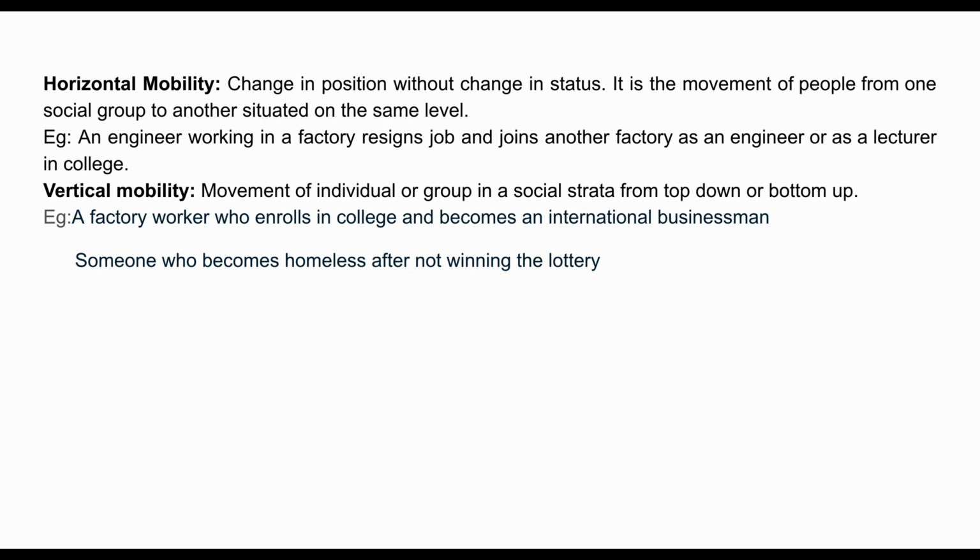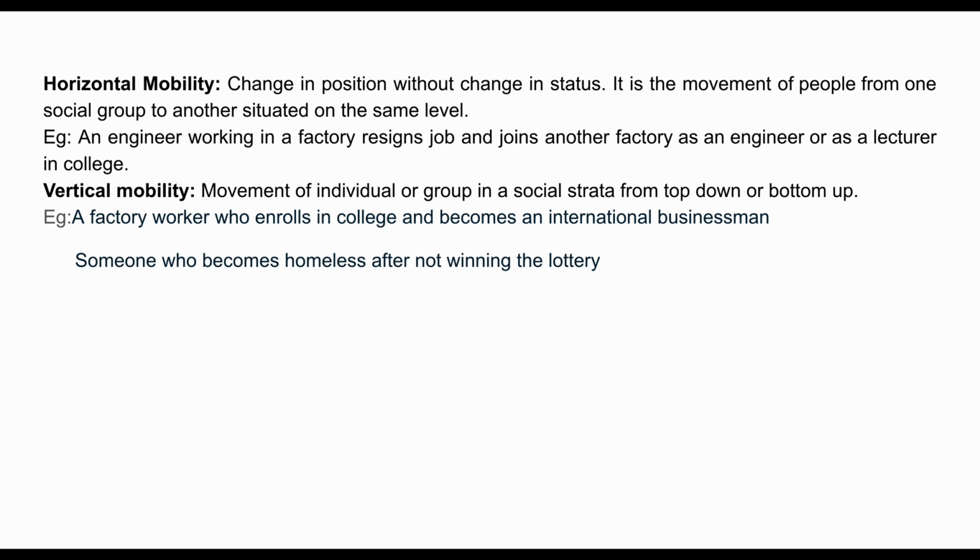But when we discuss vertical mobility, there is a possibility of two things. The first is moving from bottom to top, or moving from top to bottom. For that, two examples: the first one is a factory worker who enrolls in a college and becomes an international businessman.